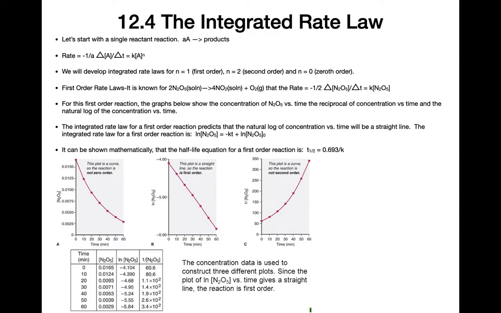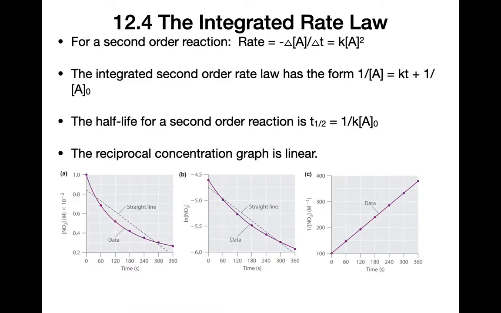Or if you happen to be given k in some problem and you know that you have a first order reaction, you could calculate the concentration of N2O5 at some time that you plug in for t. Okay, so that would be the approach that you would take if you're doing the graphical approach, or if you're just using an integrated rate law to solve a problem.